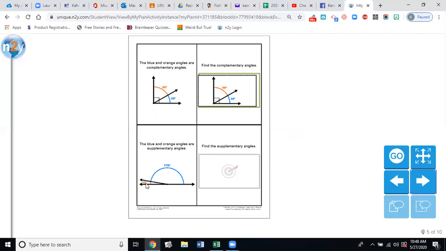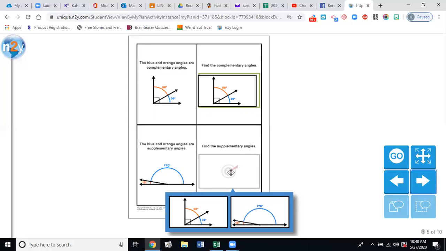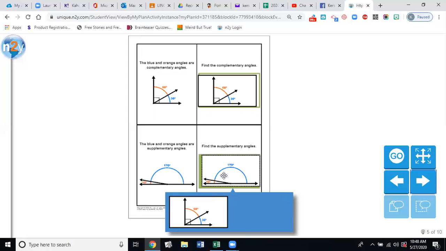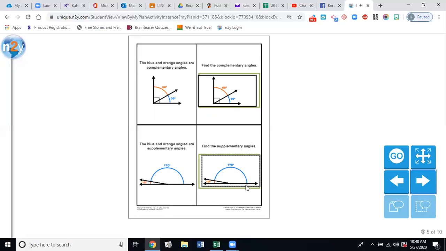Here's the orange, that's 10 degrees, plus the blue, that's 170 degrees. 170 plus 10 equals 180 degrees. And here's that line we were looking for. So complementary is the L-shaped right angle, and supplementary is the line down here.